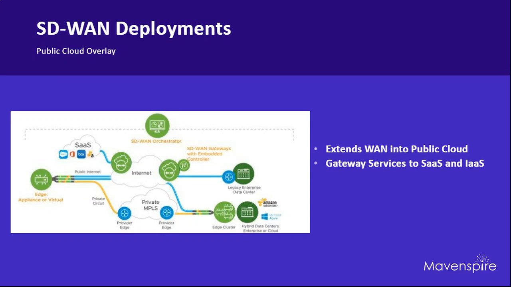SaaS being Dropbox, Salesforce, or Microsoft 365, you're able to extend your WAN into those public service offerings, as well as infrastructure as a service offerings where you have EC2 compute or Google Compute instances. You're able to extend your WAN capabilities. So from the framework of your organization, it's all within your same umbrella.